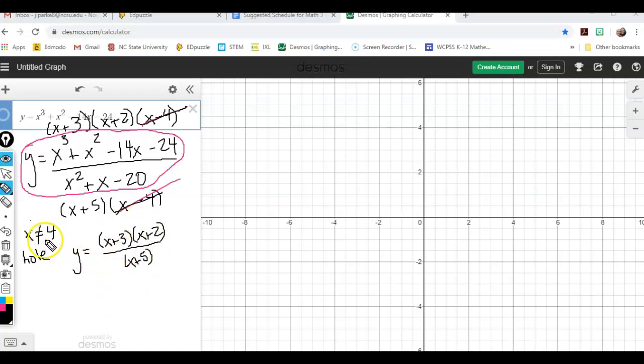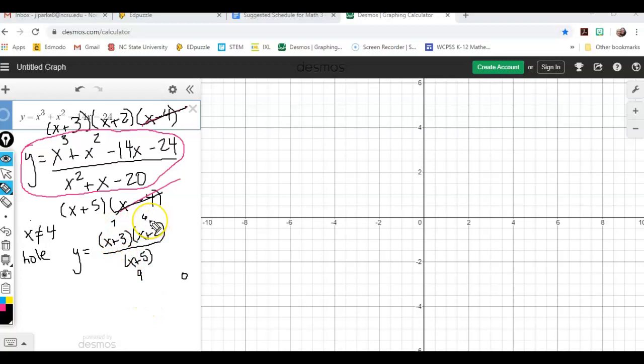But when I do draw that graph, it's going to have a hole at x is equal to 4. And I mean quite literally, you draw a hole there, like an open circle. Remember, when you have a line that goes up to an open circle and then continues on, it just means it goes all the way up to that number, but cannot be equal to that number. So I need to figure out where 4 would be on this graph. So I'm actually going to plug 4 into the simplified function. So 4 plus 3 is 7, and 4 plus 2 is 6, and 4 plus 5 is 9.